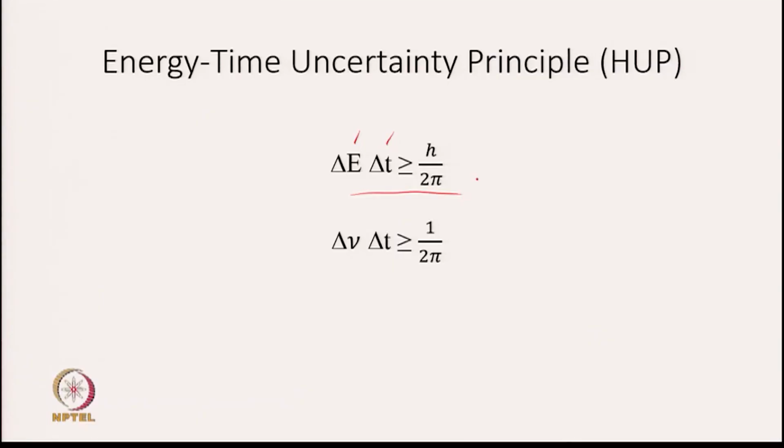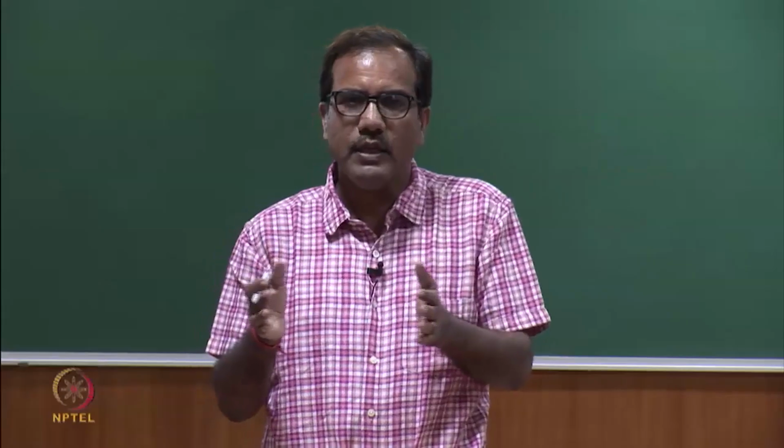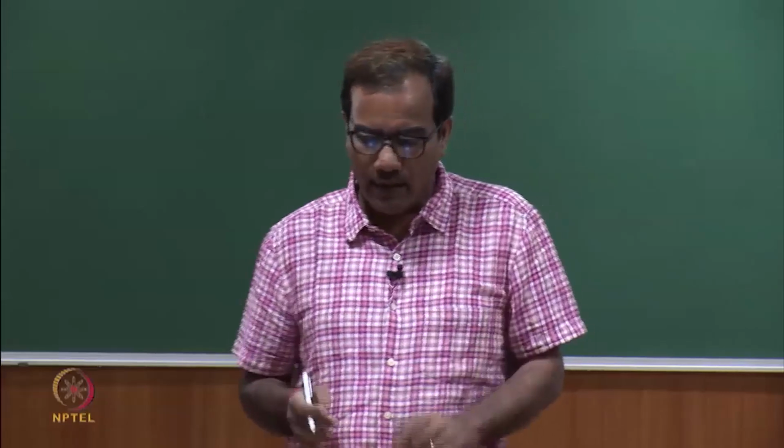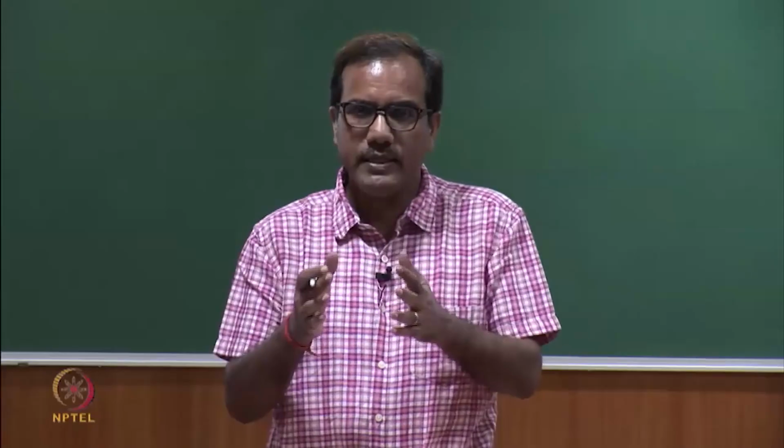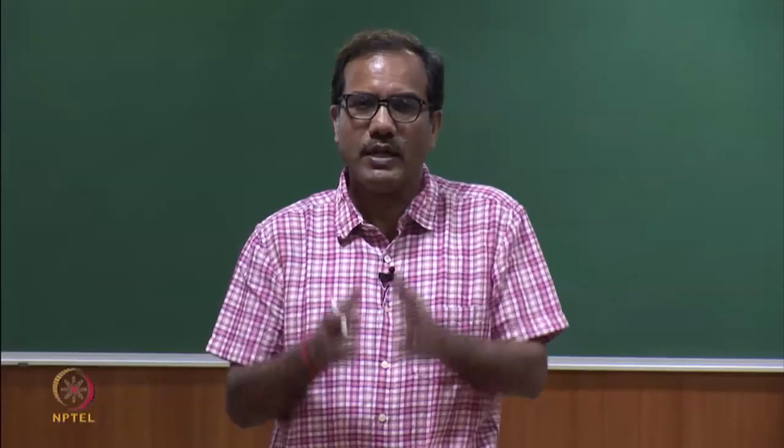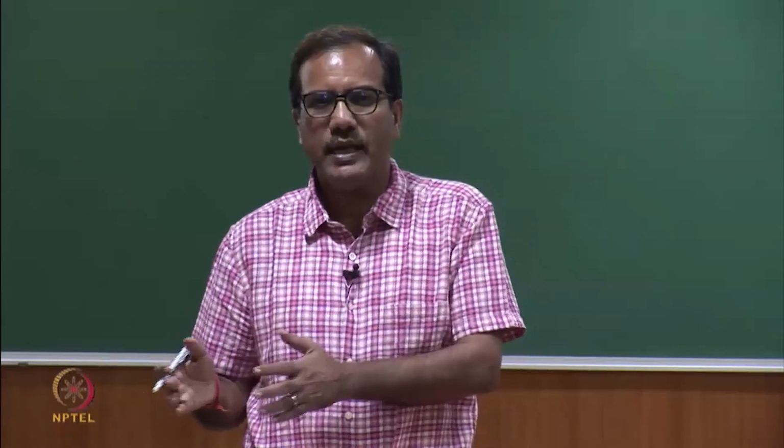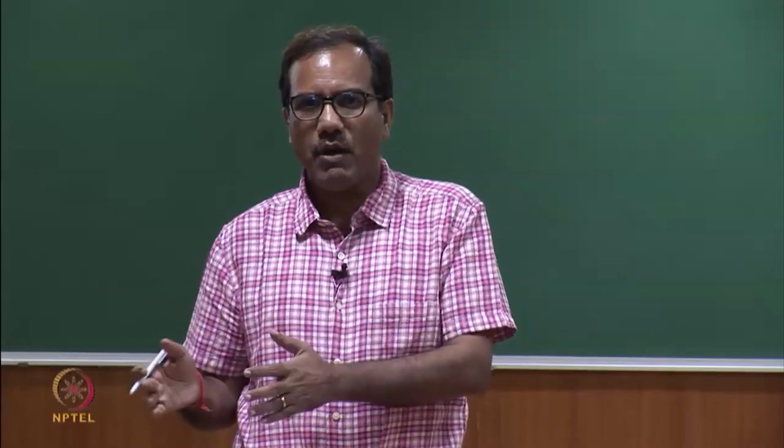And this is related to spectroscopy, because what we generally look at in spectroscopy is a broadening of signal which is related to delta E or delta nu. So, if delta E, the uncertainty in E, is high, it means your peak is broad.